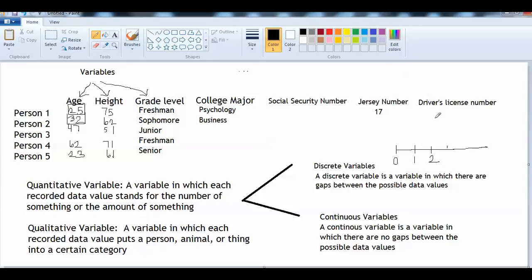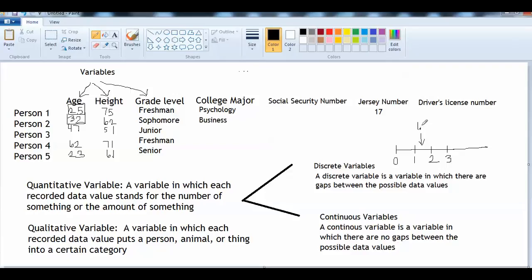And we're trying to figure out where the gaps are, where a person's exact age could never be. Now, is there a gap between 1 and 2? For example, could a person be 1.5 years old?